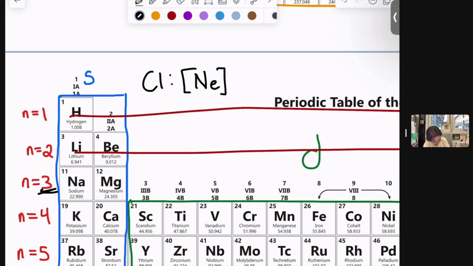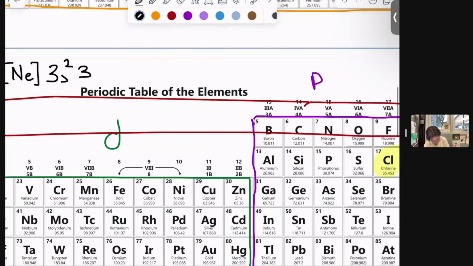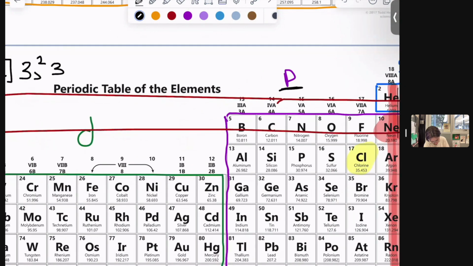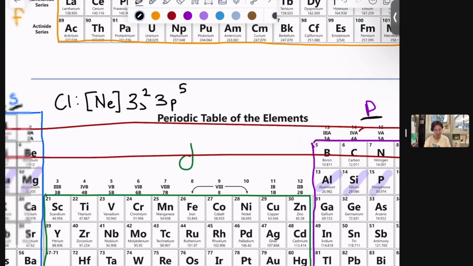I have my 3s, and I have 1, 2 electrons in the 3s. And then I move over to my 3p, and I have 1, 2, 3, 4, 5. So 5 in the 3p.